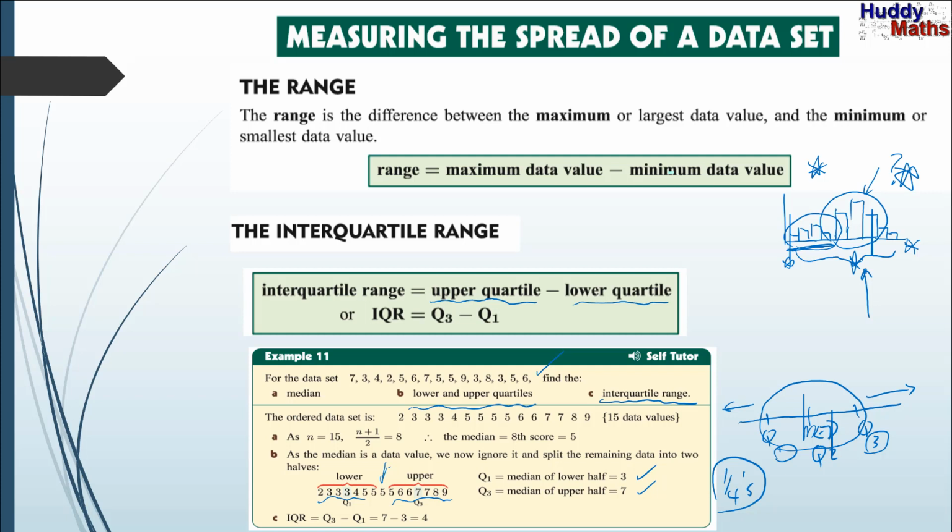We should have a rather small interquartile range, IQR: the upper quartile, which is the score that's got a quarter above it, minus the lower quartile, which is the score that's got the lowest quarter below it.